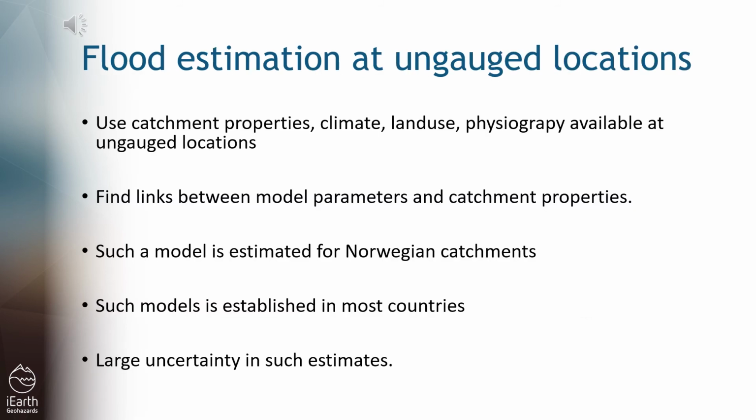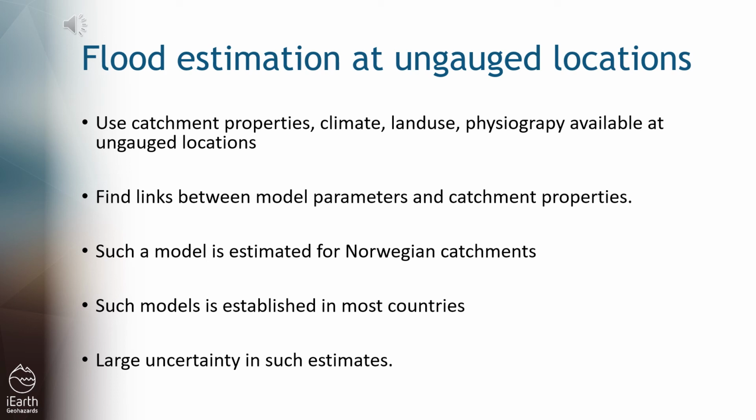When we have no streamflow data available at the location where we need to estimate the design flood, we need to build our estimates on other types of data. Typically, we use catchment properties, climate, land use, and physiography available at the ungauged locations. Then we need to find links between the model parameters and catchment properties. A regression type model is estimated for Norwegian catchments, and such models are available in most countries.